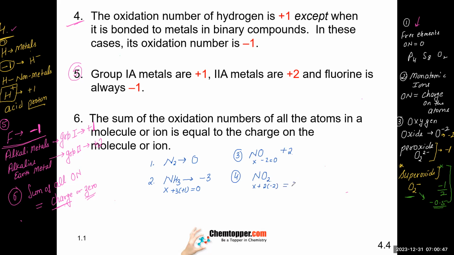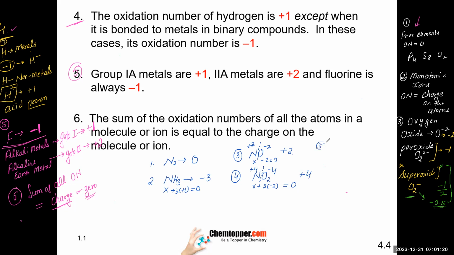Why? Shrihan? Do mathematics here. Assume X, okay? There's no harm in doing it like this. Children are very hesitant. They want to calculate straight away. You can do that also. See here, this is minus 4, so this has to be plus 4. See here, this is minus 2, so this has to be plus 2. So you can do it directly also, but in the exam, go with the safest route. Okay, so it is plus 4.